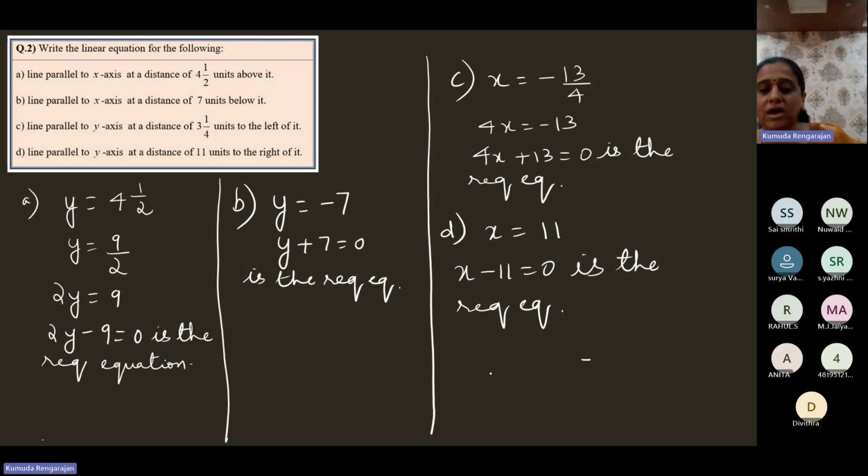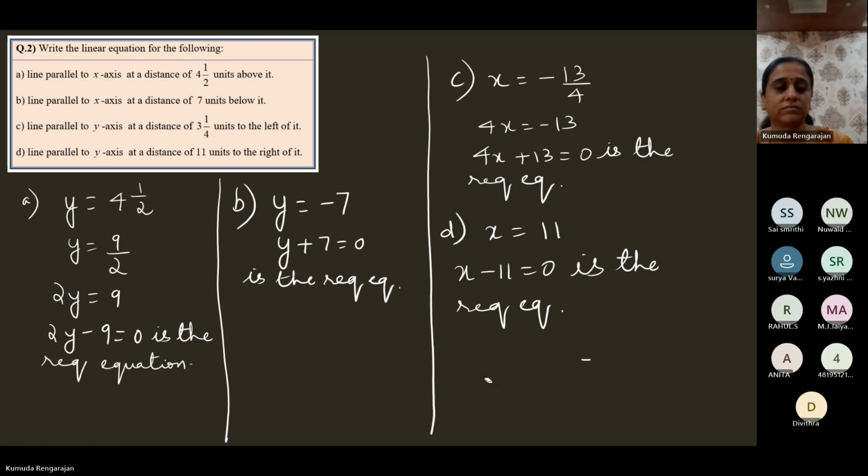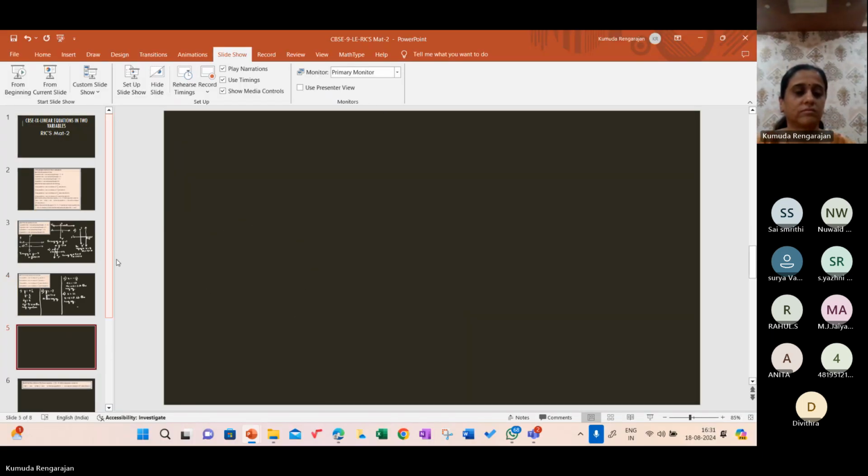Children, see, remember these keywords. If it is parallel to the x-axis, it will be y is equal to.